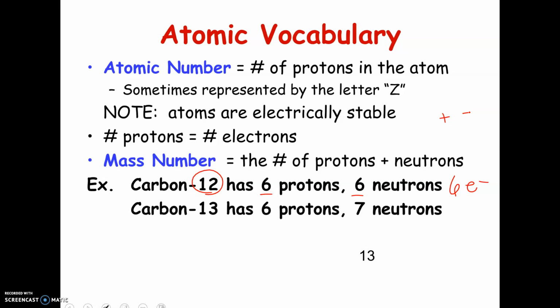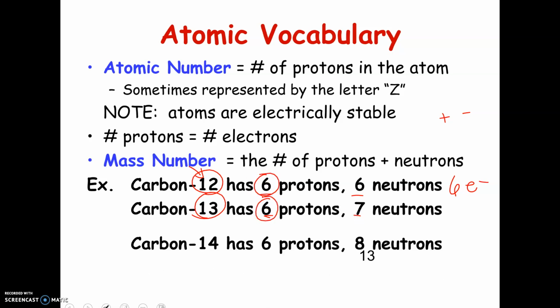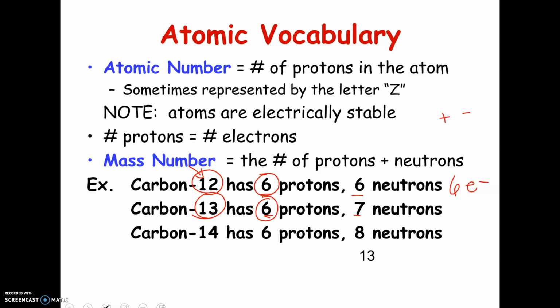Carbon 13, which is another isotope of carbon, we're going to talk about isotopes in a minute. Carbon 13 has 6 protons and 7 neutrons. So again, this is the mass number here, and this is how many protons and neutrons. And notice, because it's carbon, the number of protons has to be the same. Carbon 14, which happens to be a radioactive carbon, also has 6 protons, but what changes is the number of neutrons.